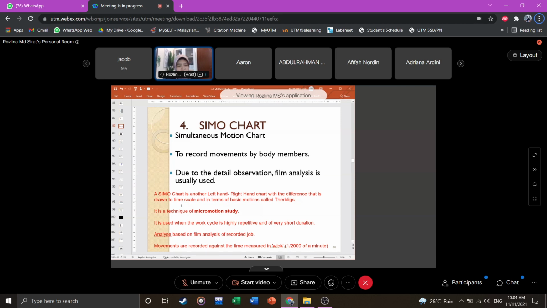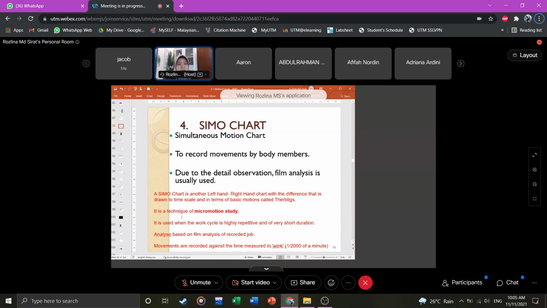From information on a Google website: a SIMO chart is another left hand right hand chart, with the difference that it is drawn to a time scale in terms of basic motions called Therbligs. So they use the Therblig time scale.